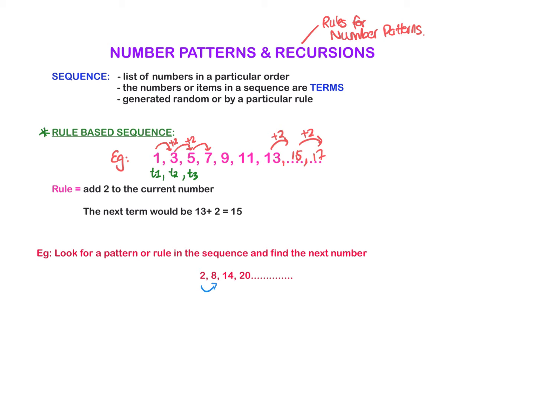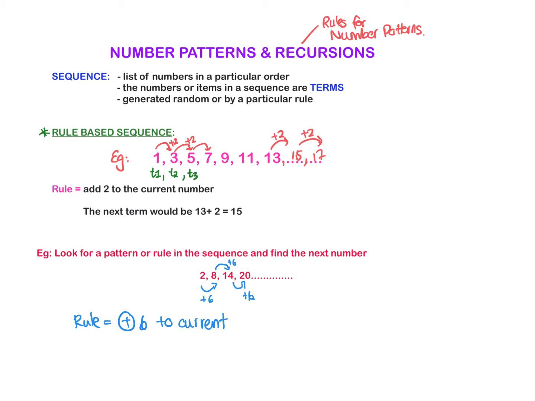What's being added to 2 to get to 8? We could say 6. Has the same thing happened here? Has that been add 6? Yeah. So the rule for this pattern is to add 6 to the current term.